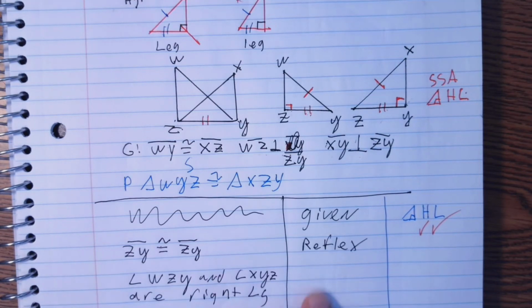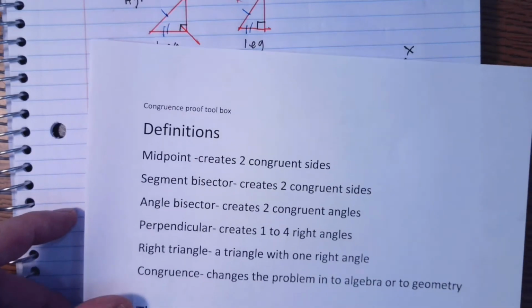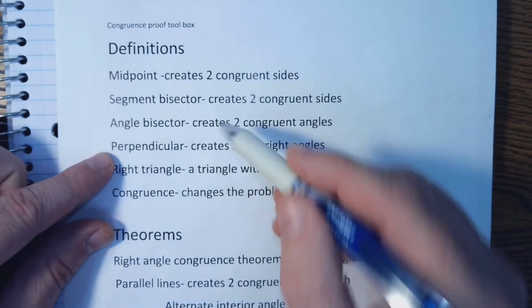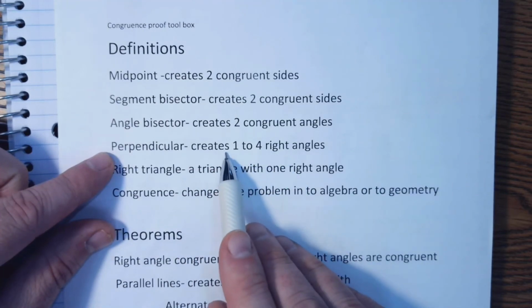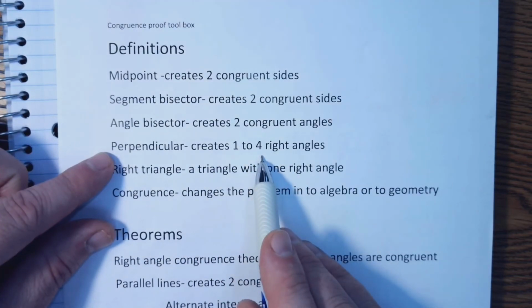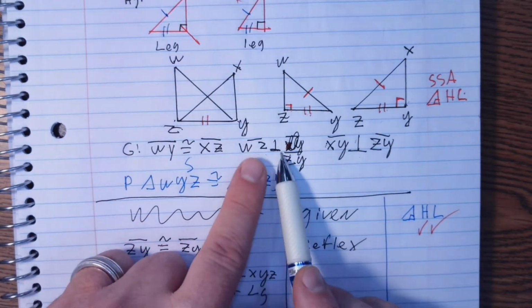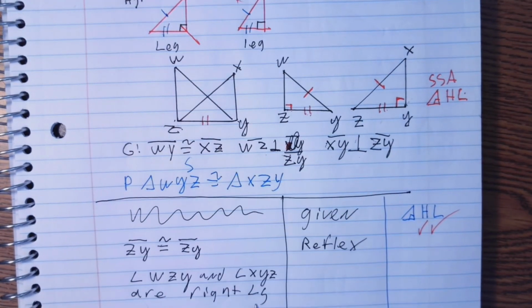So, if I forgot, I'm going to go to my little toolkit and look. Perpendicular creates one to four right angles, right? Okay. So, I use perpendicular to create right angles. What do I put as the reason?